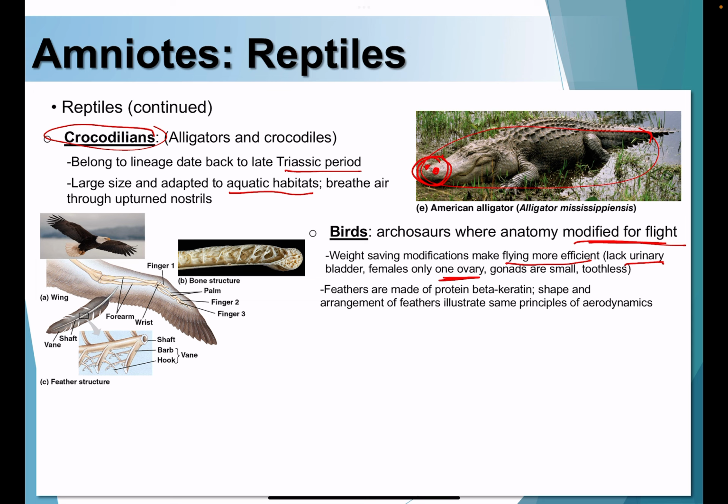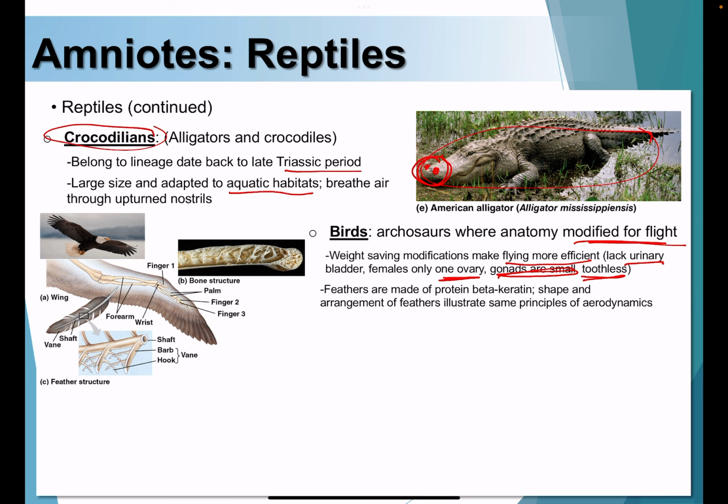Their gonads are very tiny, but they get larger when the breeding season comes. Other than breeding seasons, the gonads are technically very small, and they are toothless. Oh, come on, even teeth make a difference. So this is how specific we're talking about keeping the bird's weight as low as possible.